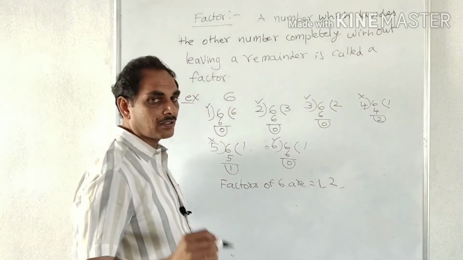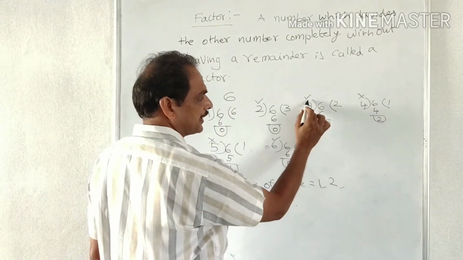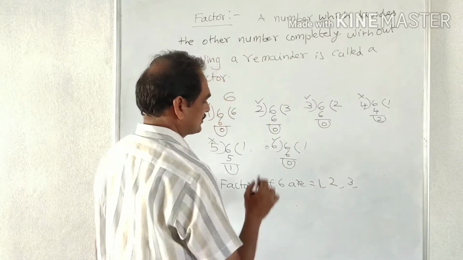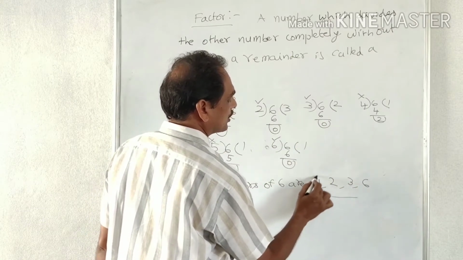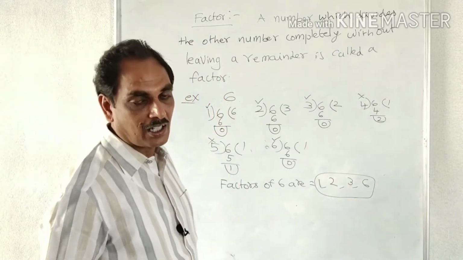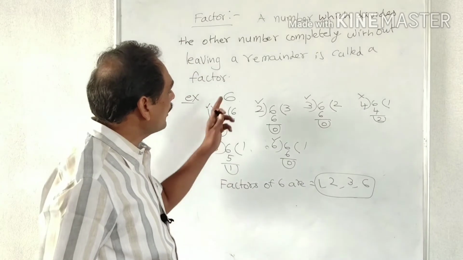The third number which divides 6 is 3. The other number is 6. So now 1, 2, 3, 6 are the factors of 6.